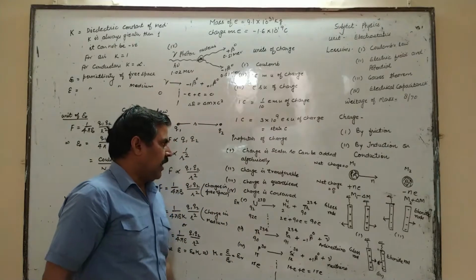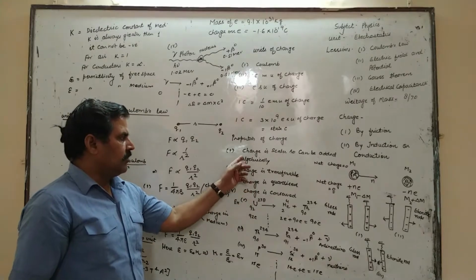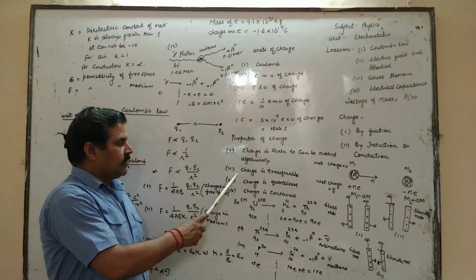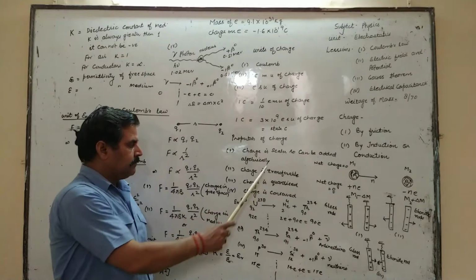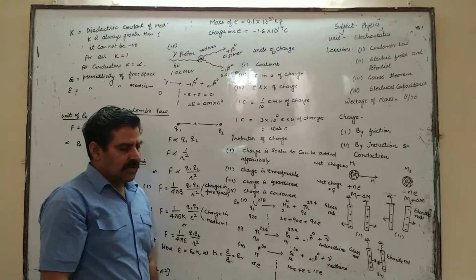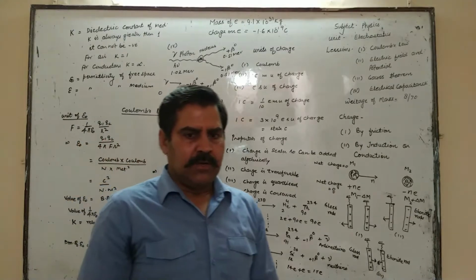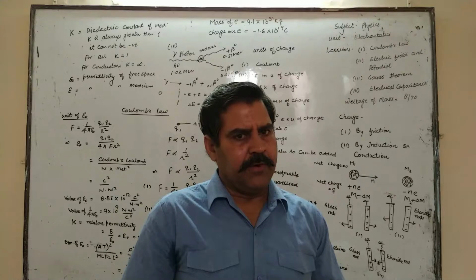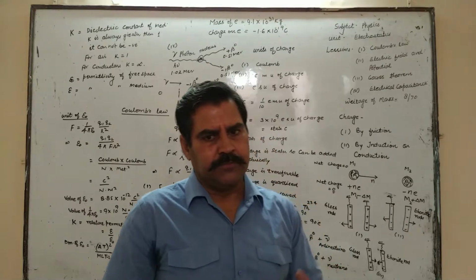So it is added algebraically, so the charge is scalar. Number second, charge is transferable. Number third, charge is quantized. Quantized means charge can have definite and discrete values.